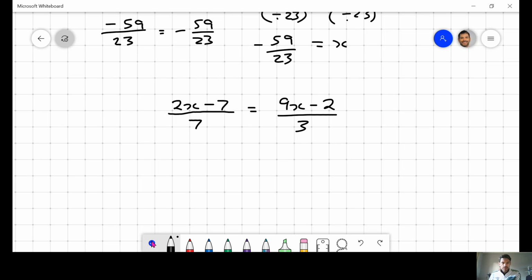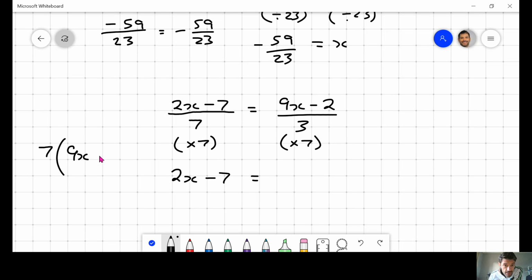So let's do a bit of a side note. I'm going to times by 7, times by 7. First of all, times by 3 first. Over here we've got 2x minus 7. Now, there are various ways we can write this. We could write 7 times the whole fraction, 9x minus 2 over 3.